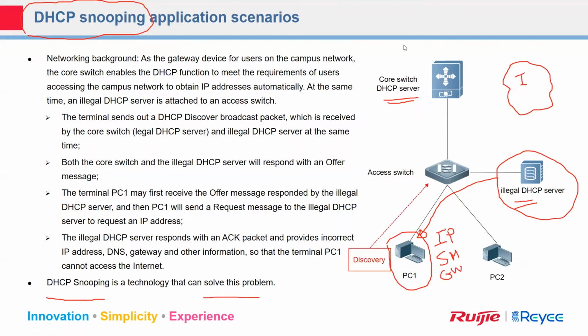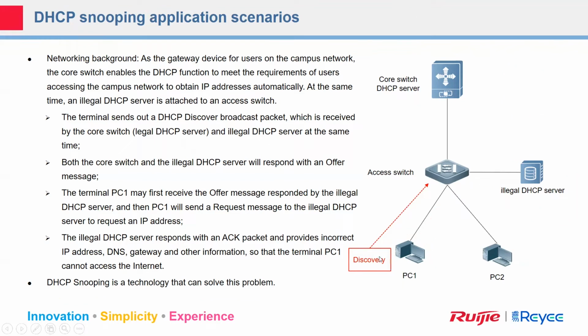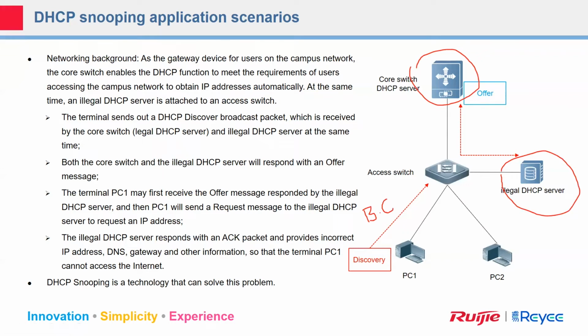All right, so this is how the packet goes from PC1 to the access switch, and then it reaches those two DHCP servers, as we explained, the legal one and the illegal one. Why is it reaching them? Because it's a broadcast. Broadcast means it's sent to each port on that switch. Then this server is offering DHCP, hello PC1, I can offer you some IP address, DNS and gateway.